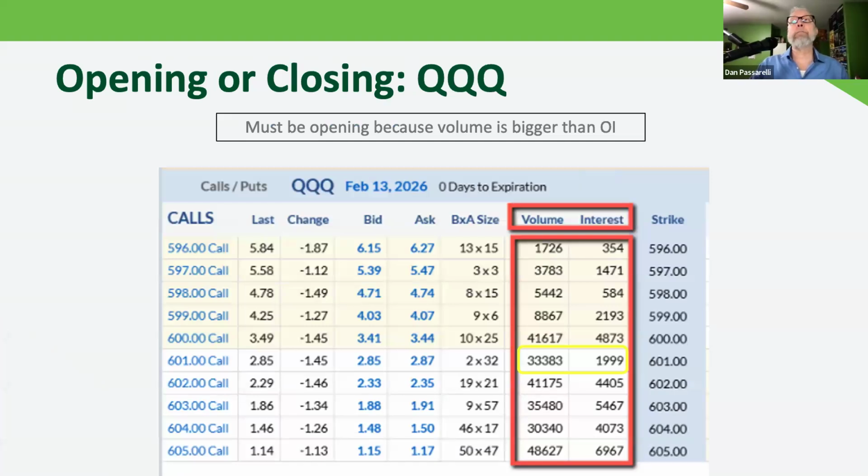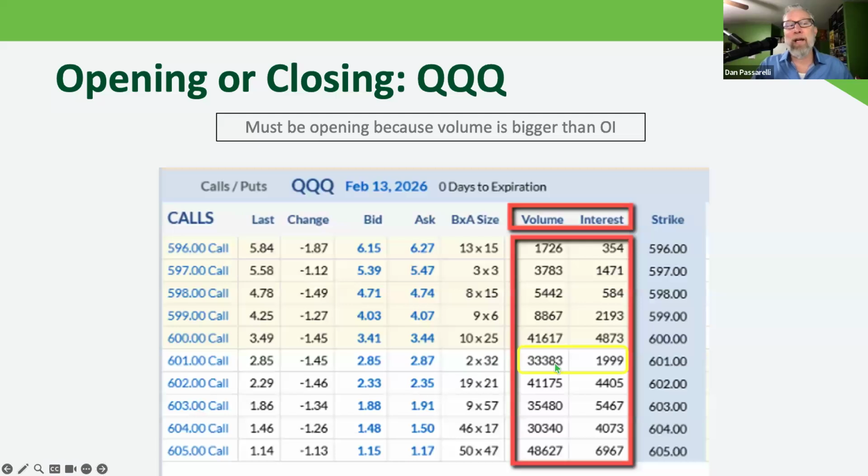How about here? This is the QQQ 601 calls on this day, which I'm going to call today, even though it's not really today. These calls, 33,383 traded up to this point today. Open interest started today at 1,999 and doesn't change today.